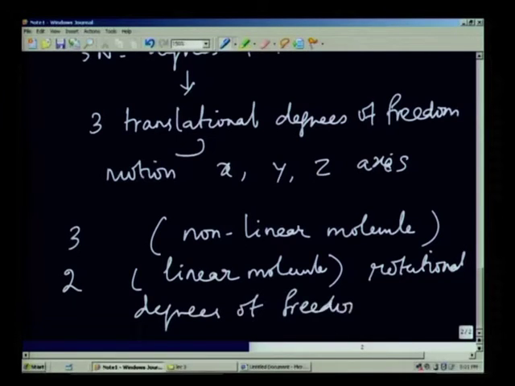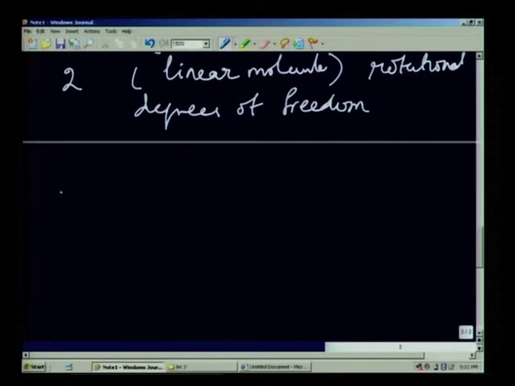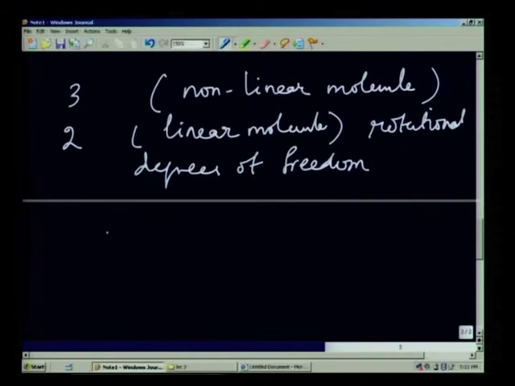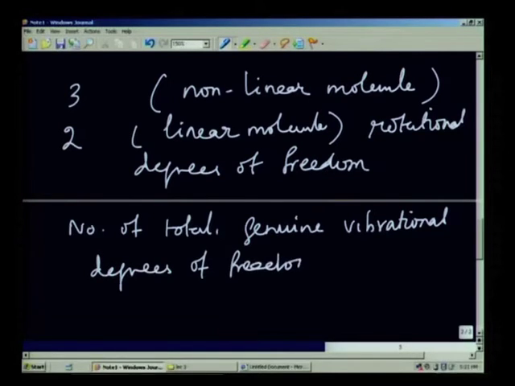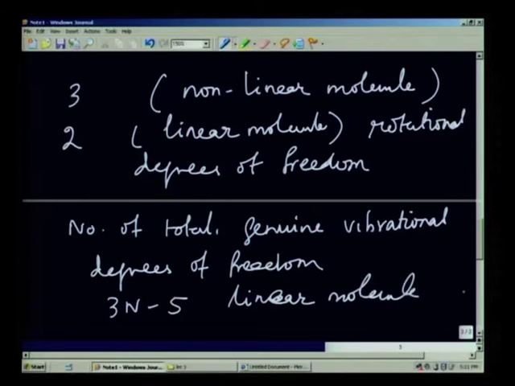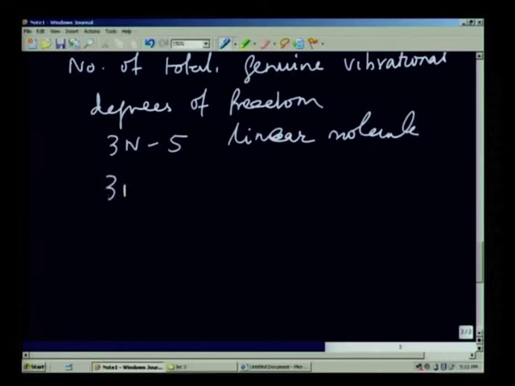Therefore, the number of total genuine vibrational degrees of freedom in a polyatomic molecule is 3n minus 5 for a linear molecule and 3n minus 6 for a nonlinear molecule.